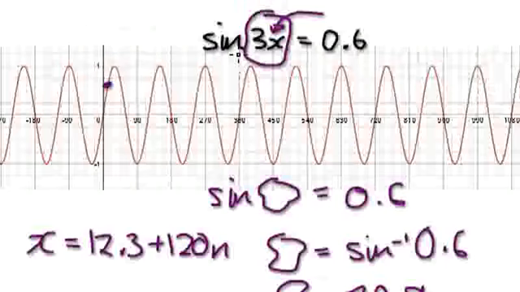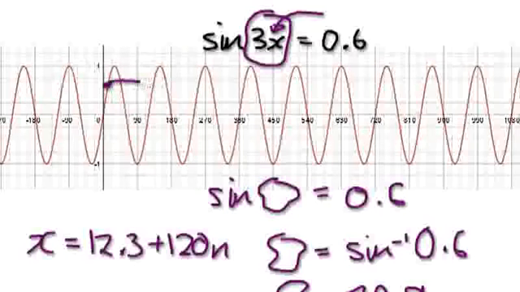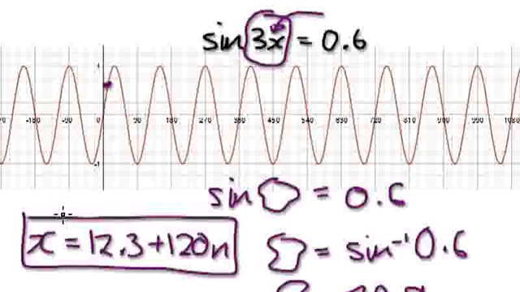Once we've got this, we can add multiples of 120. Adding 120 will give you this, add another 120, add another 120, or you can take away 120, take away 120. So this is our first set of solutions.